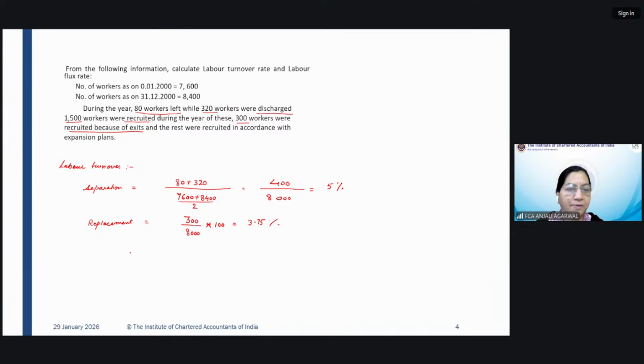If you calculate 300 on 8,000, I think it should be 3.75%. Then we see that our total number of new recruitments were 1,500. So if 1,500 was the total recruitment, out of which only 300 replaced, it indicates that 1,200 were new accessions, maybe due to expansion plans or anything.